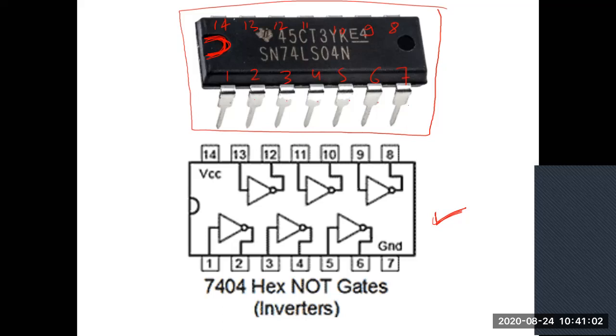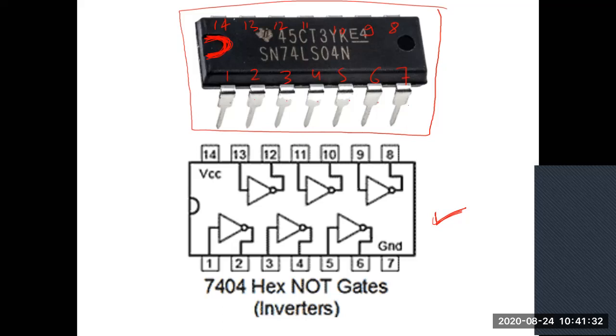Suppose you need to connect ground at 7. But how can I identify pin number 7, because the IC doesn't have the numbers 1 2 3 4 5 6 7 written on it? You need to get the idea of pin numbers by seeing this notch. By seeing this notch, I can get the representation of all the pins of my IC.